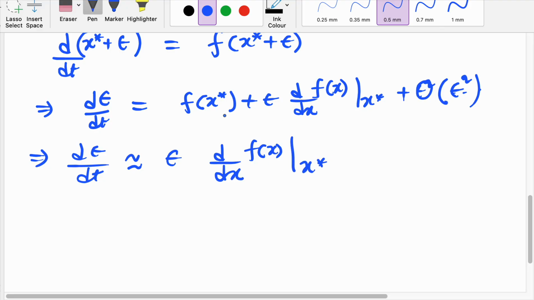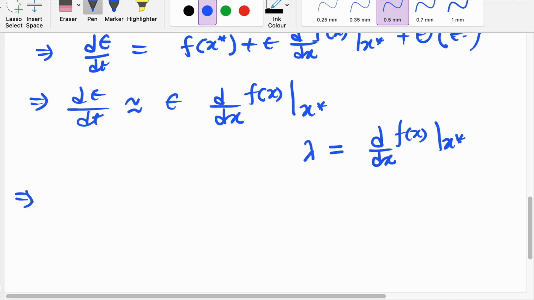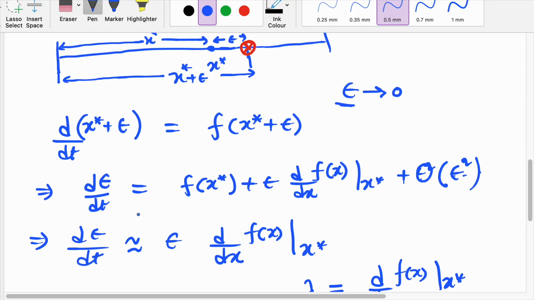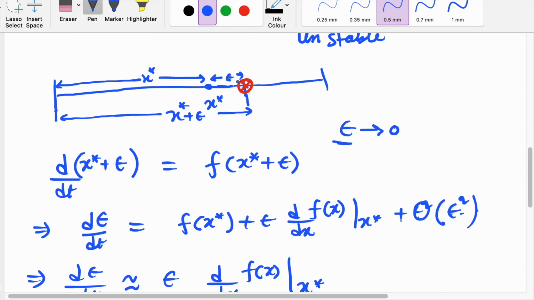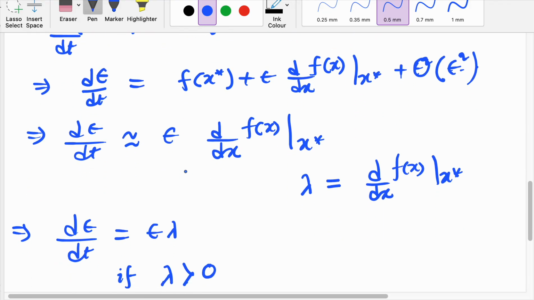Since the derivative at x star is some constant, say this constant lambda equals d dx of f of x at x star, the equation is d epsilon dt equals epsilon lambda. Now you see that if lambda is greater than 0, since epsilon is this much distance, epsilon is always greater than 0.